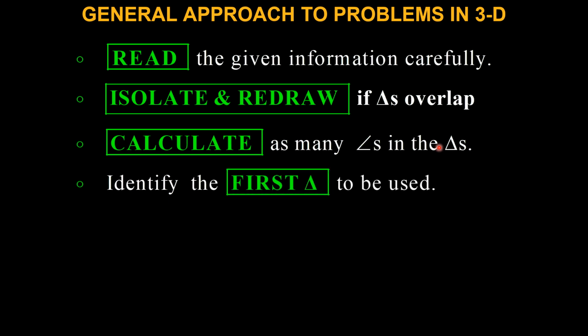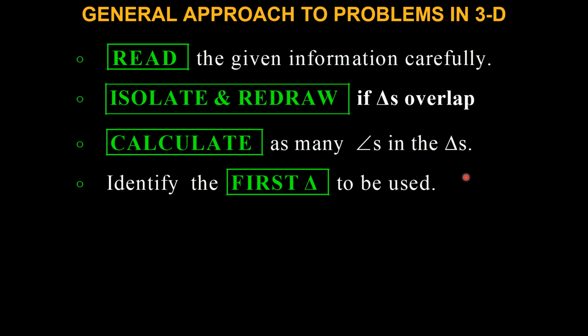Now, it's important, if you have 2 or 3 triangles, you always need to identify the first triangle to be used. And you have to find a triangle that has 3 measurements. Why 3 measurements? If I look at the sine rule, it has 3 measurements required. Side, angle, or side, angle, angle. If I look at the cosine rule, exactly the same. Side, angle, side, or side, side, side.